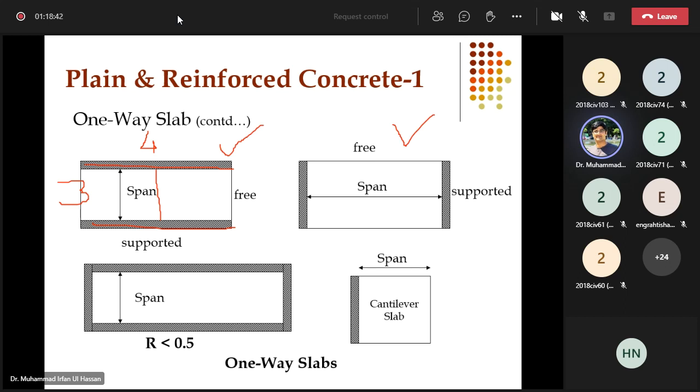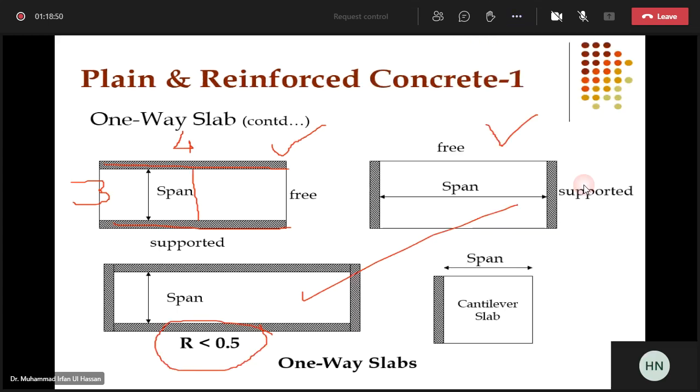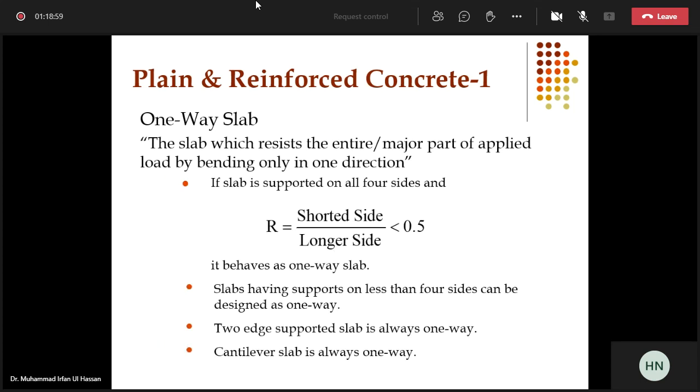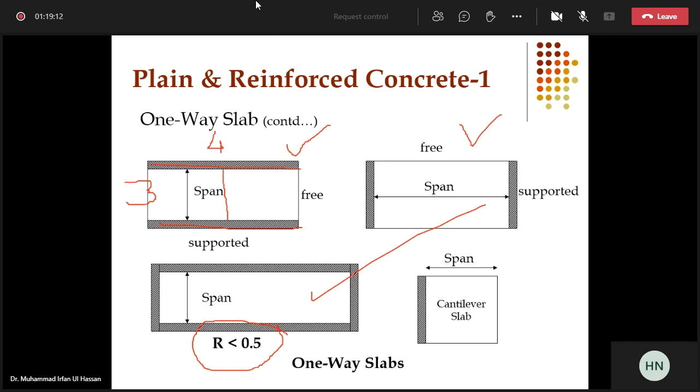But if the slab is resting on all sides, then you see the aspect ratio, shorter over longer. If the slab is resting on all sides, the tendency of bending is possible on all sides. So in this case the aspect ratio is computed, and when the aspect ratio is less than 0.5, that slab will be designed as a one-way slab. If shorter over longer side is 0.5 to 1, it will be designed as a two-way slab.